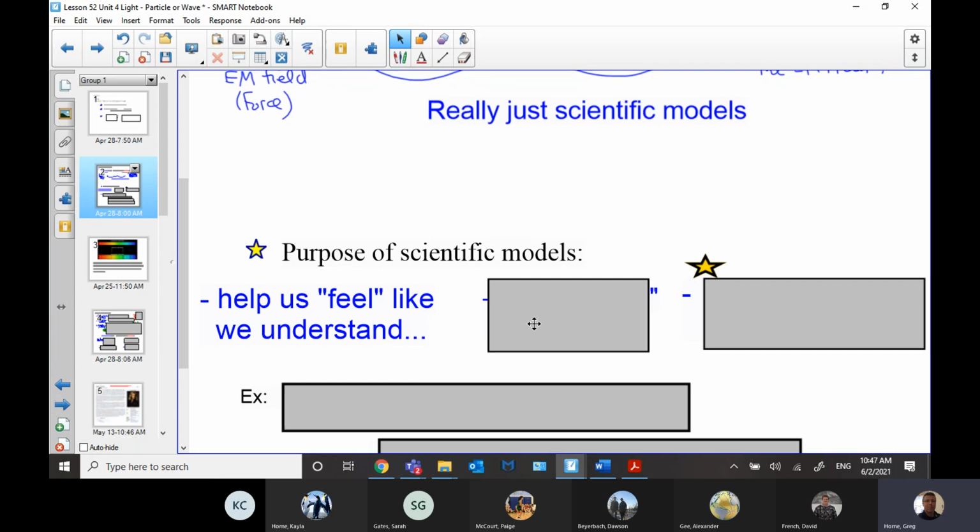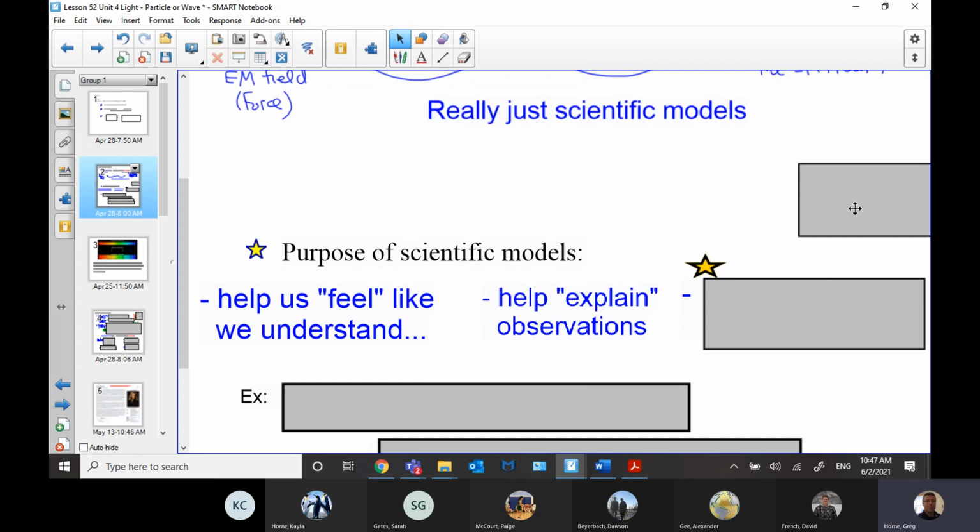But is it really what's going on? It's not necessarily true in a literal sense, like electrons orbiting the way planets do around stars. It's not necessarily literally happening exactly like that, but it still gives us a good feeling that we understand it. And the bigger thing is it helps us explain observations, like energy being absorbed and light being released.